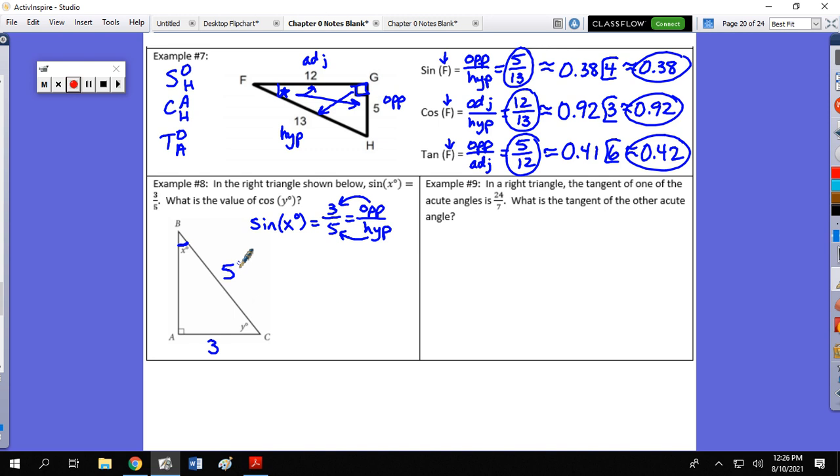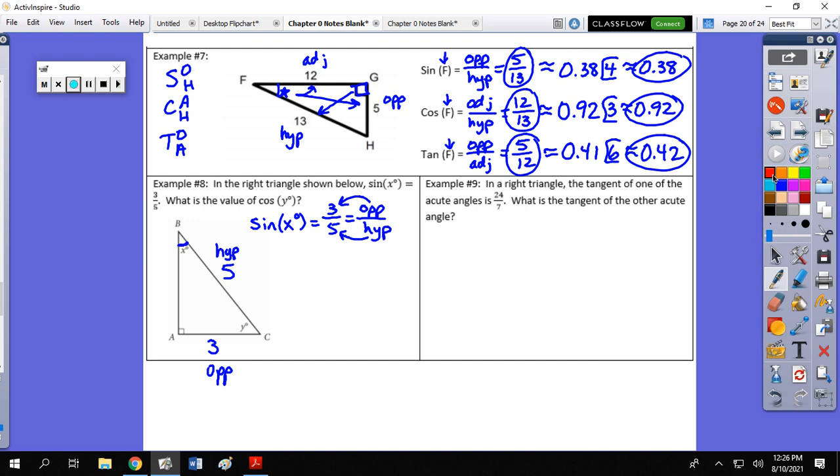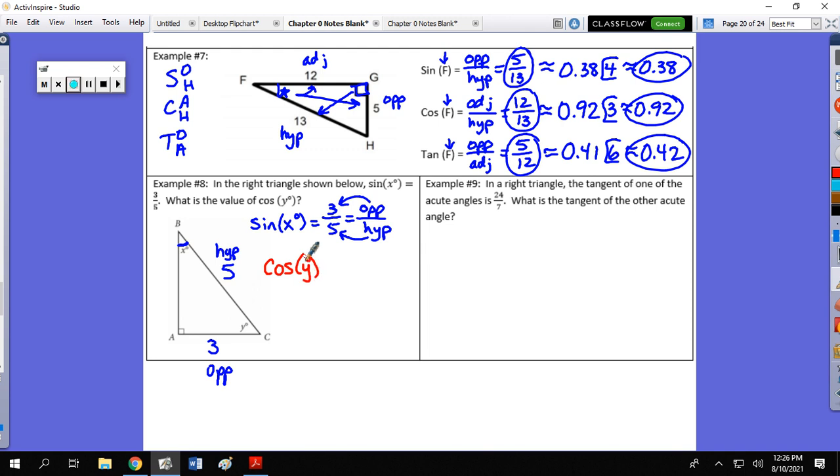Now we could use the Pythagorean theorem if needed to find the other side of the triangle, but we don't need to in this case because of what we are asked. So we are asked to locate the cosine. I'm changing colors because we're looking at the other angle. The cosine of angle Y. Well, cosine is adjacent over hypotenuse.